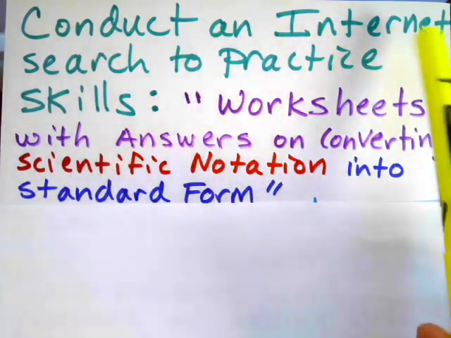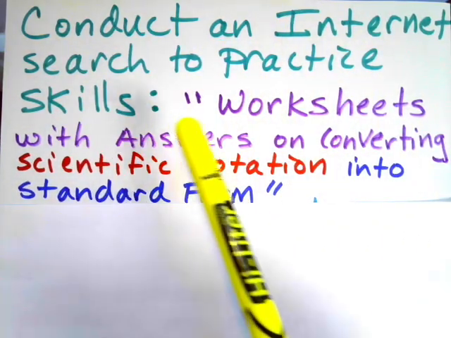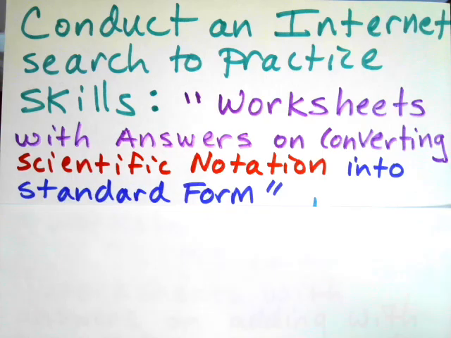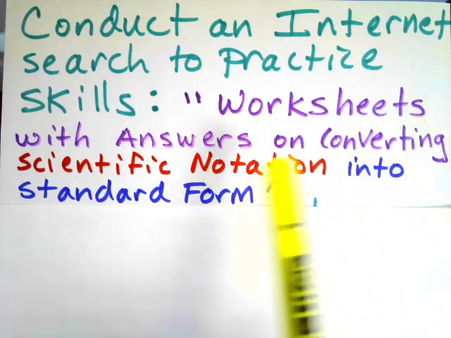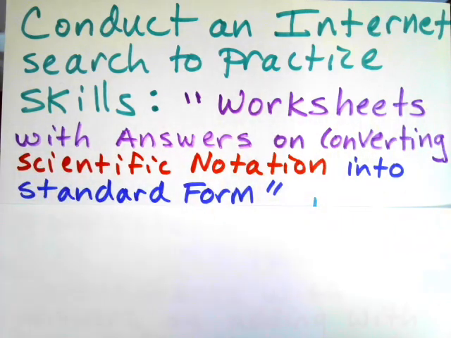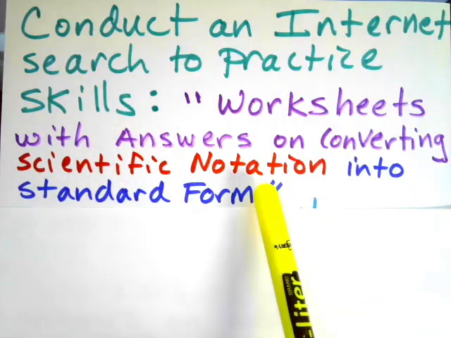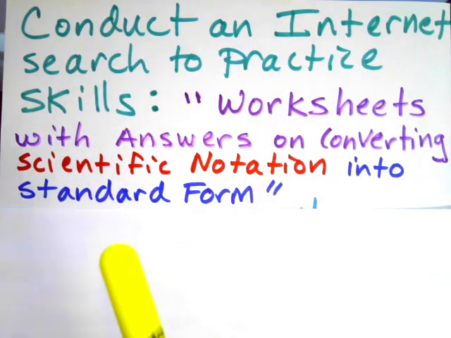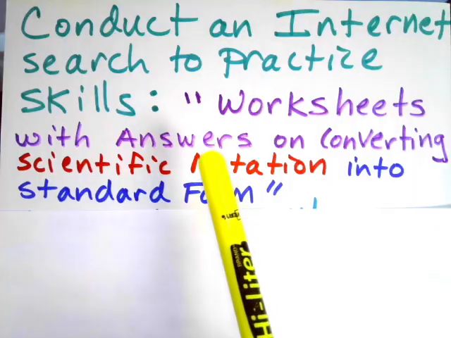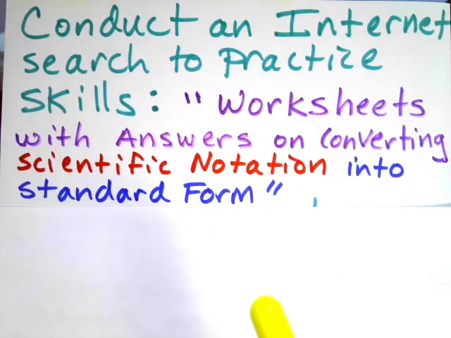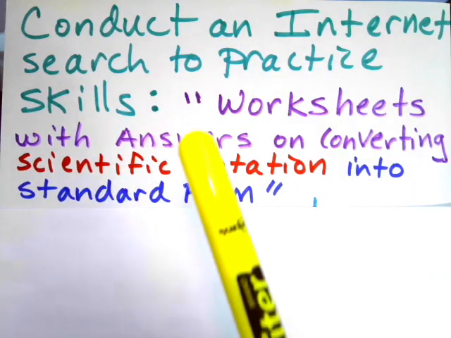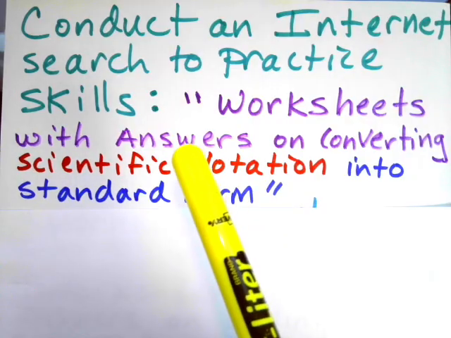So you want to conduct an internet search to practice your skills. What you would enter on any internet search would be worksheets with answers on converting scientific notation into standard form. Remember, you want those answers because when you practice with these problems, you want to know if you're doing it right or wrong. If you're doing it wrong, go back.